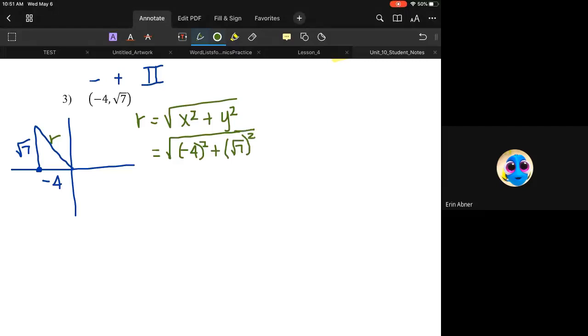I know you're thinking, oh my God, this is so complicated. What do I do? No, anything squared. So the square root and the square cancel each other out. So I'm left with -4 squared is 16. So 16 plus 7.